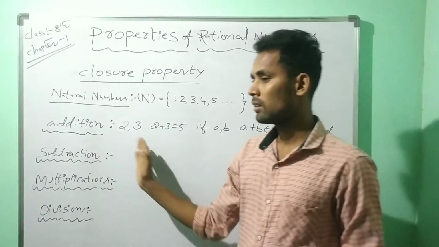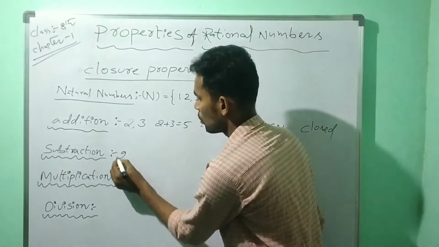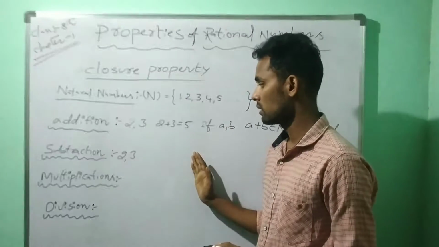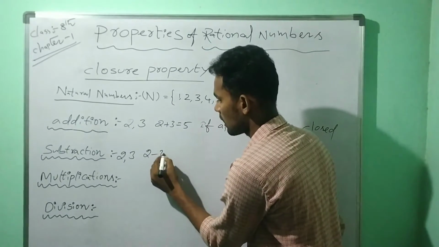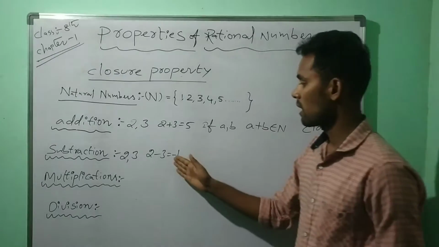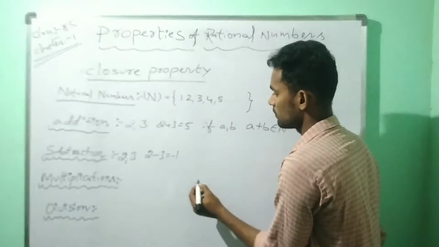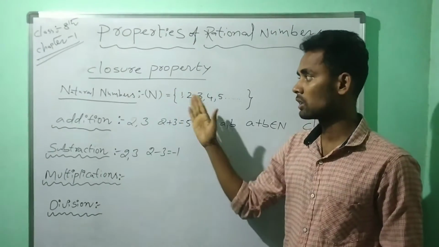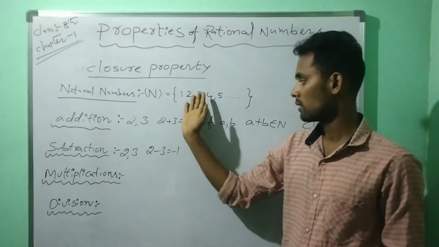Now see the subtraction. 2, 3, any two natural numbers, what is the difference? 2 minus 3 equals minus 1. Minus 1 is not a natural number. So the closure property is not satisfied under subtraction in the set of natural numbers.